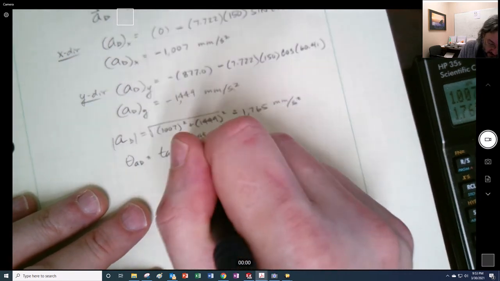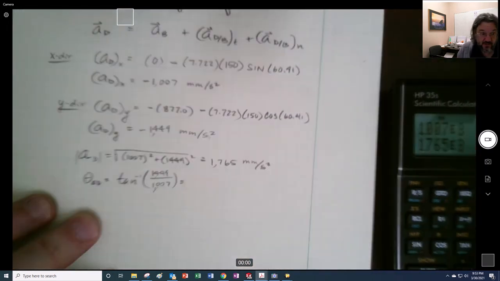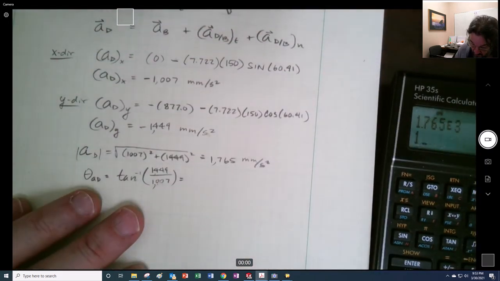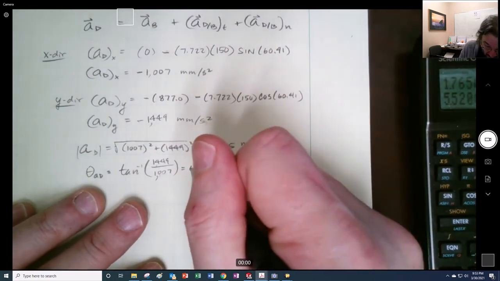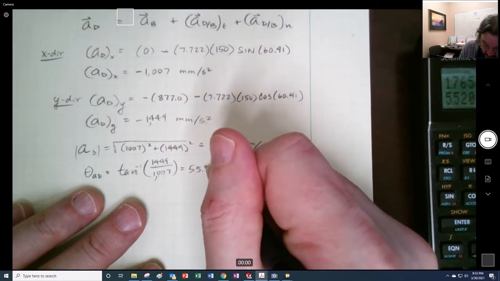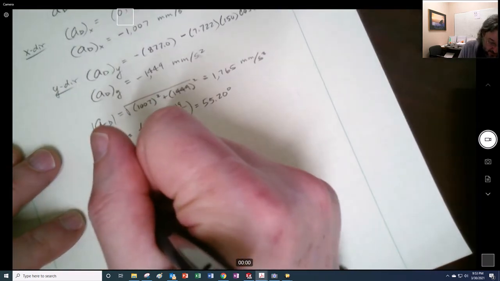Looks like I put a comma in the wrong spot. Getting tired. Probably made some mistakes. 1449 and 1007 divided, and take the inverse tan, and I get 55.20 degrees.